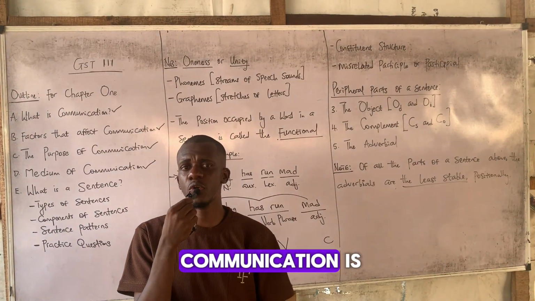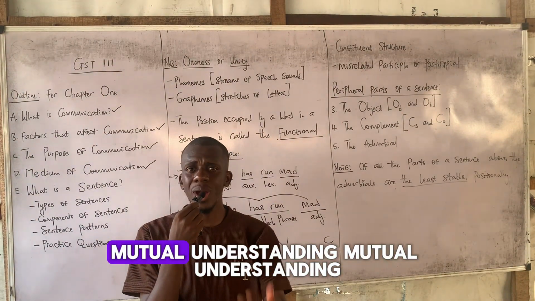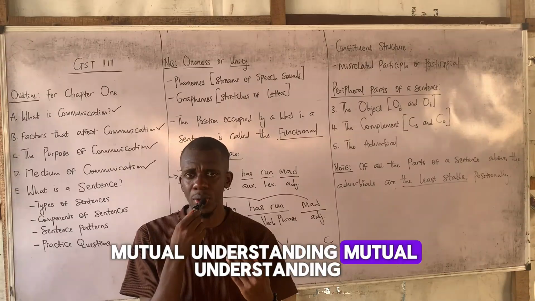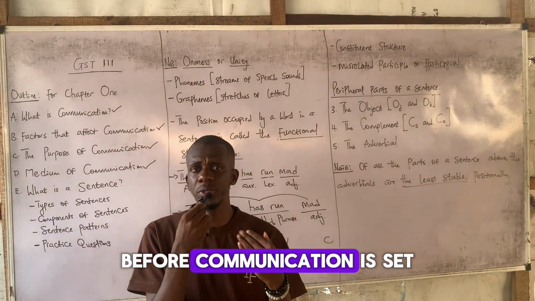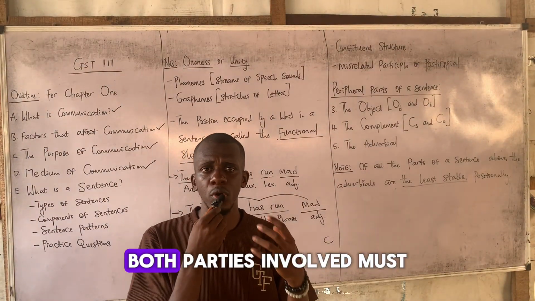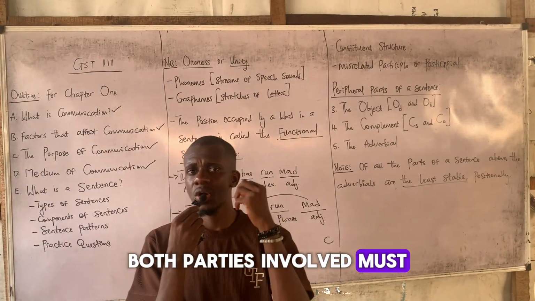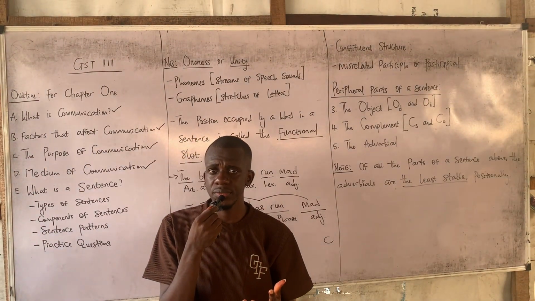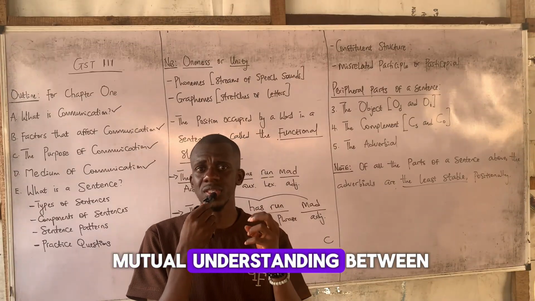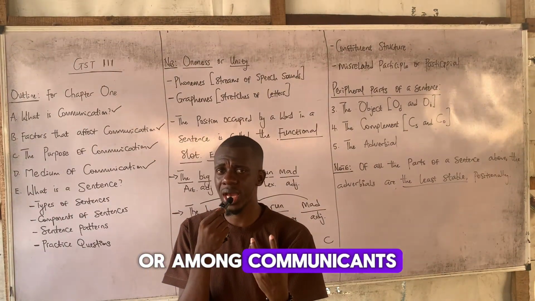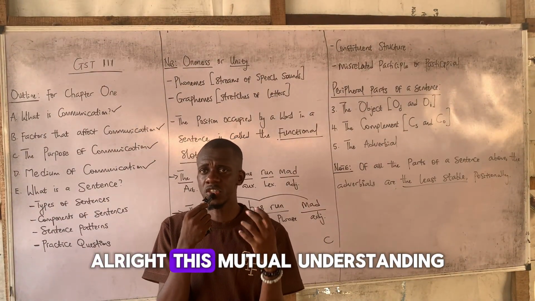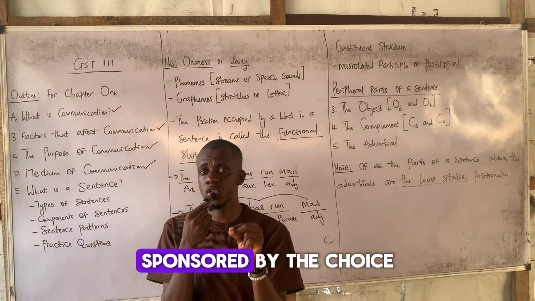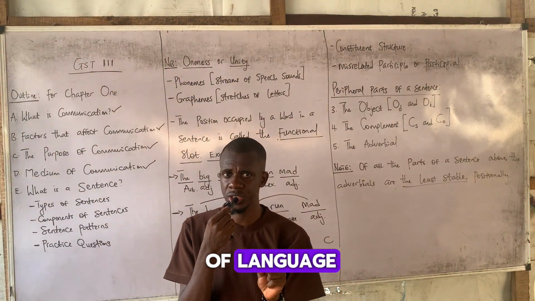The third factor of communication is mutual understanding. Before communication is said to occur, both parties involved must understand one another. So there must be mutual understanding between or among communicants. This mutual understanding is greatly sponsored by the choice of language.